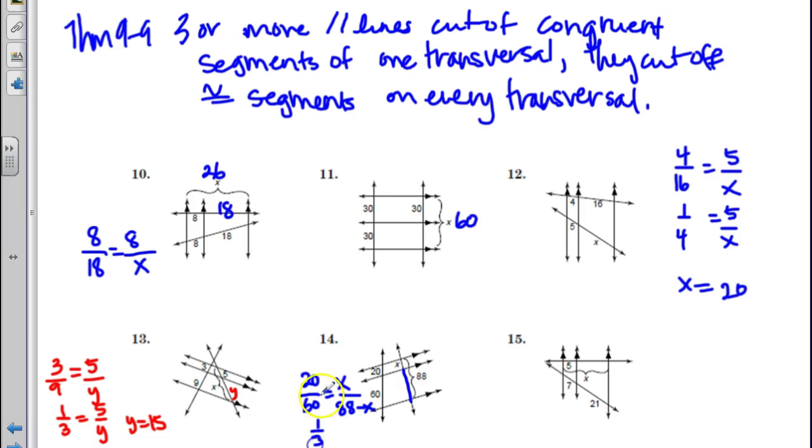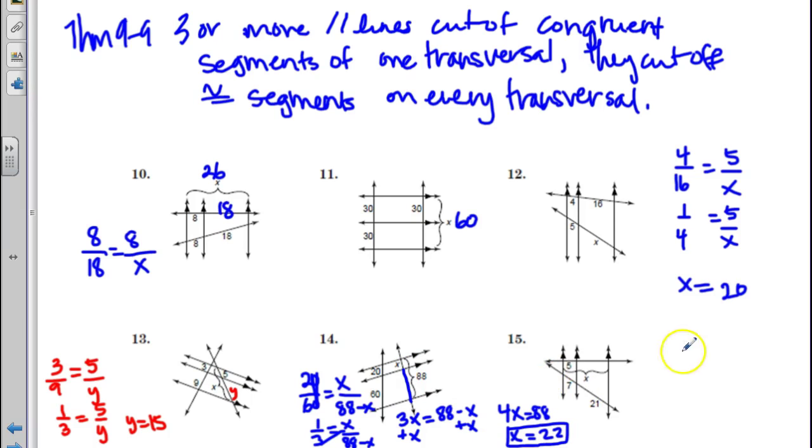So this is 1/3, just canceling out the zeros and then dividing by 2. 1/3 equals x over 88 minus x. So cross multiplying, 3x equals 88 minus x, and then let's add x to both sides. So 4x equals 88, or x is 22. So when x is 22, we can also find this little piece. It would be 66. They didn't ask for that, but all we needed to find was that little piece right there.